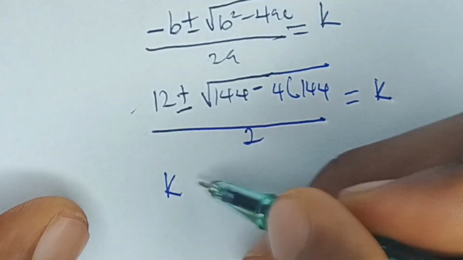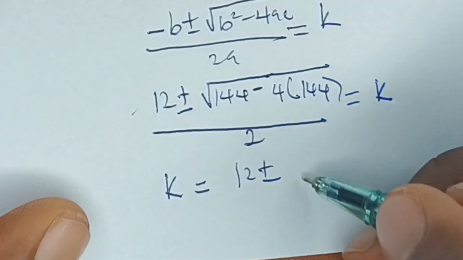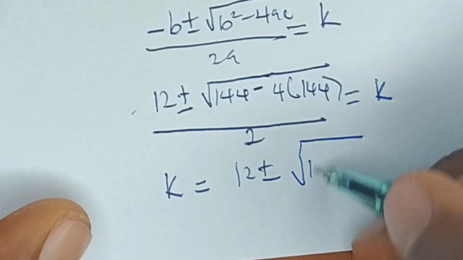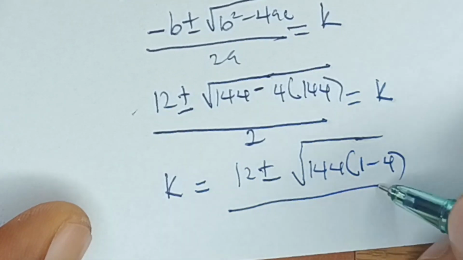From here, k becomes equal to 12 plus or minus square root of 144 times negative 3, all over 2.